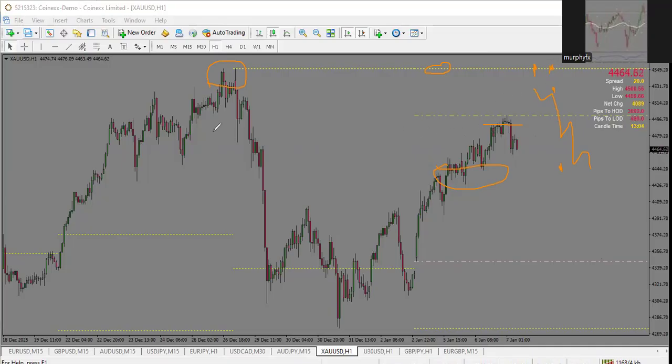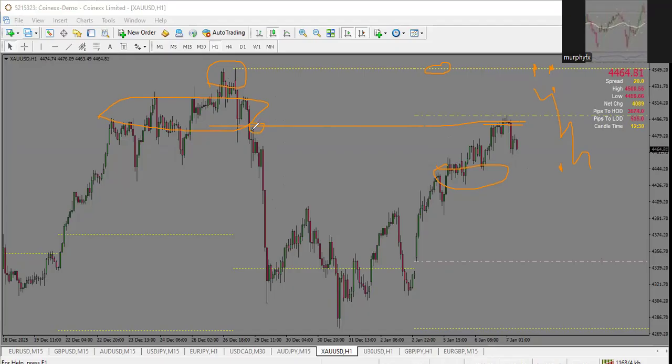Now, if you take a look at this area, we have a lot of activities here, many accumulations before this very drop down. You understand? And the market is trying to respect that area. That is a very dangerous zone there. The market is trying to respect that price area where you see a very huge rejection here.